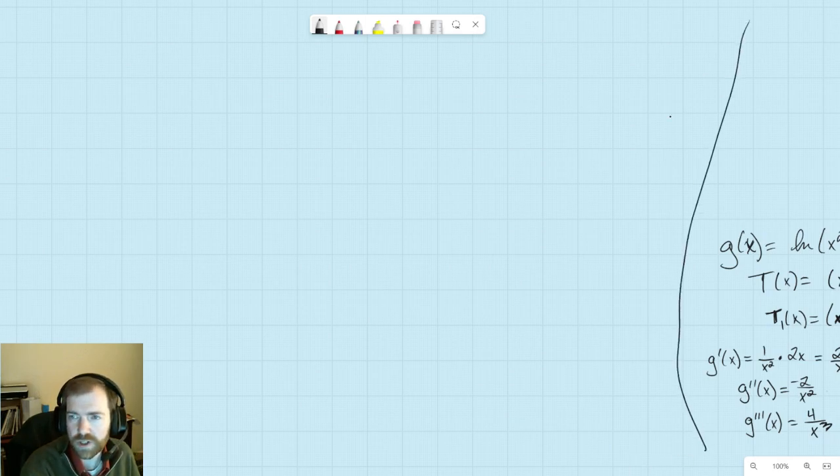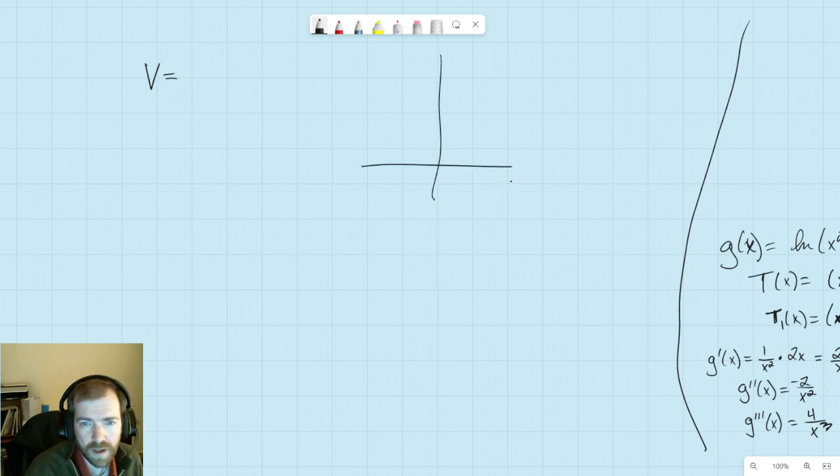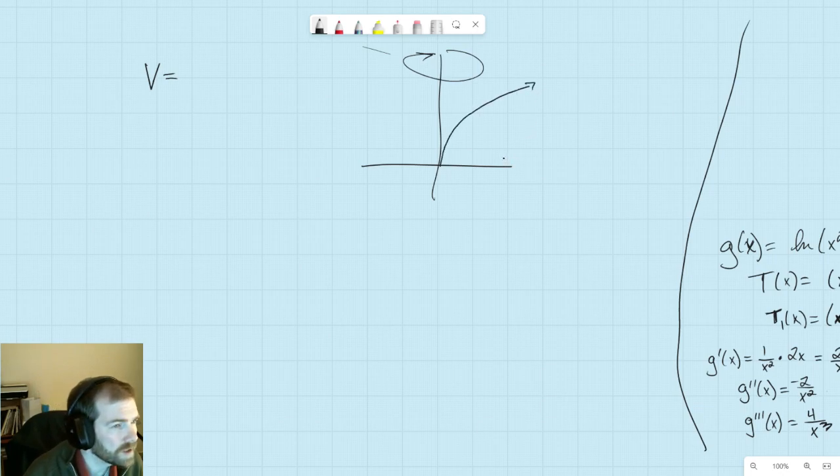Look at how the relationship changes. All right, let V be the volume. Well, let B be the volume of a solid obtained by rotating about the y-axis a region bounded by y equals the square root of 4x, which is crunched this way, and y equals x squared over 4, so that's going to allow it to go out further.